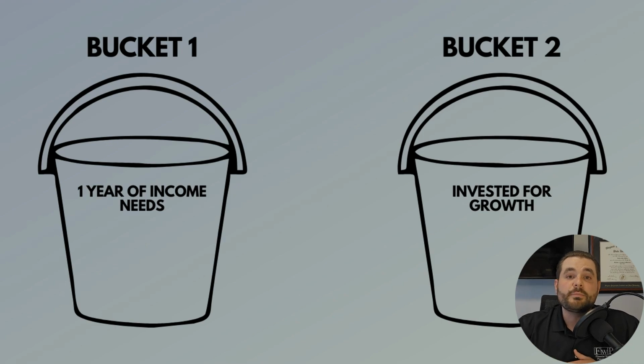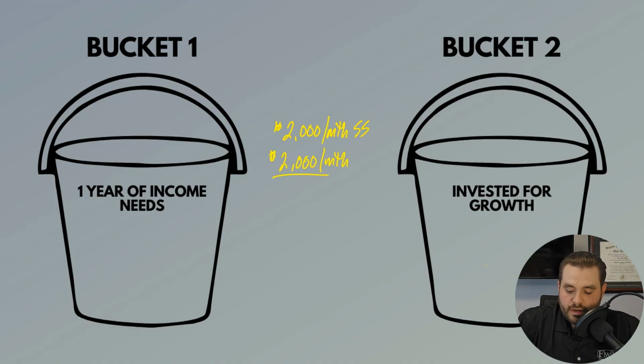Now, to figure out how much money you need to have in that bucket, we have to do some math. If you're married and each of you are due $2,000 per month from Social Security, you're going to have a grand total of $4,000 per month coming in guaranteed.